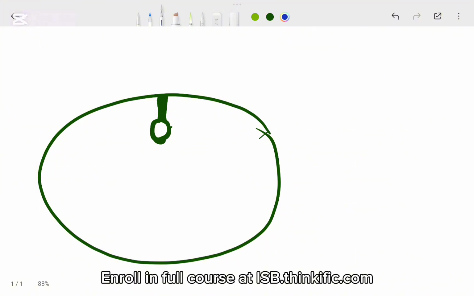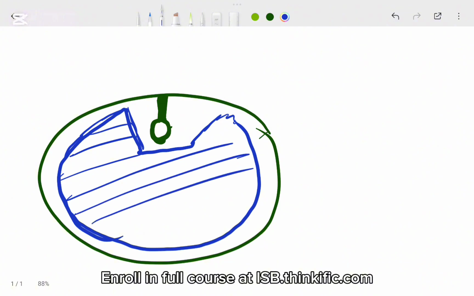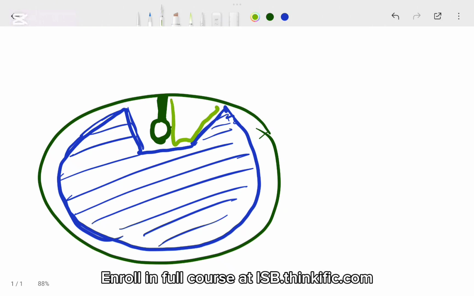And we have the septum transversum over here. This is all septum transversum. And we have two gaps between the septum transversum and the foregut mesentery, here and here. They are posterolateral.